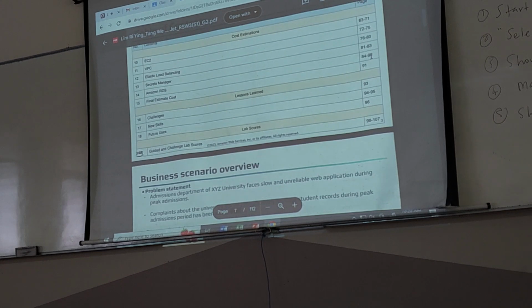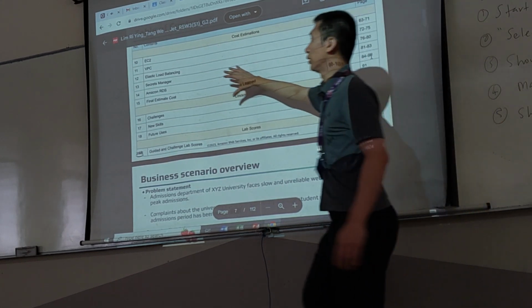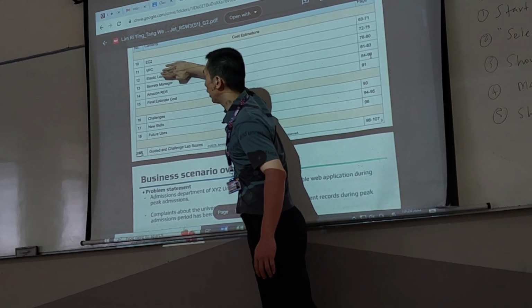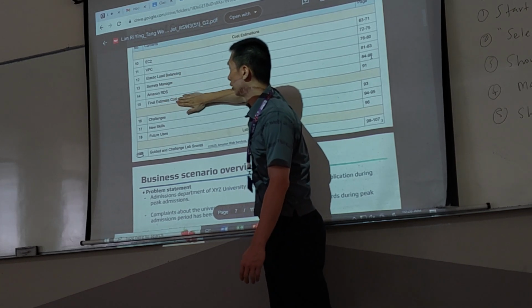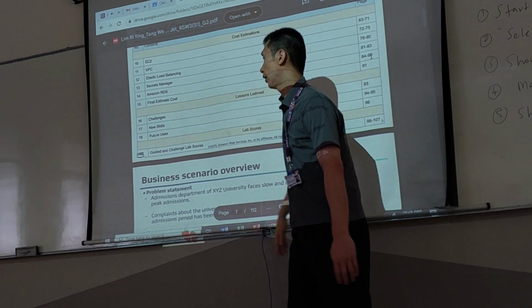After that, this is all the resources that you created: VPC, EC2, ELB, Secrets Manager, RDS, and the final estimated costing, do the pricing calculator, and then the challenges.